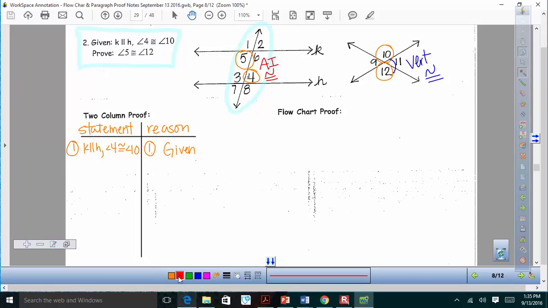All right, my next step is to tell one of my angle relationships. So, Serena, can you tell me, what do I know about angle 5 and angle 4? They're congruent. So I'm going to write angle 5 is congruent to angle 4. And how do we know that?